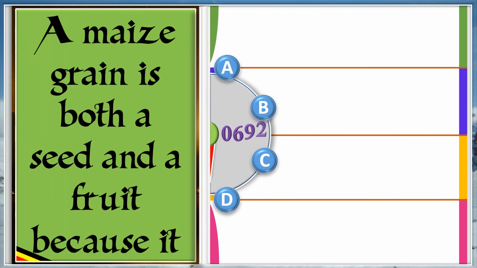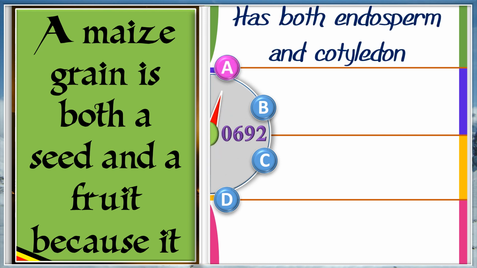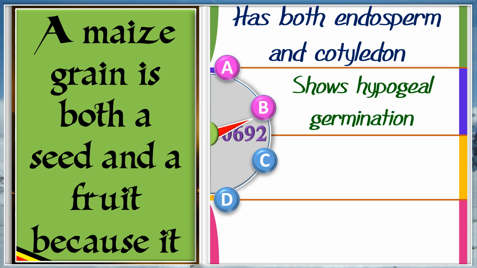A maize grain is both a seed and a fruit because it A. Has both endosperm and cotyledon. B. Shows hypogeal germination.